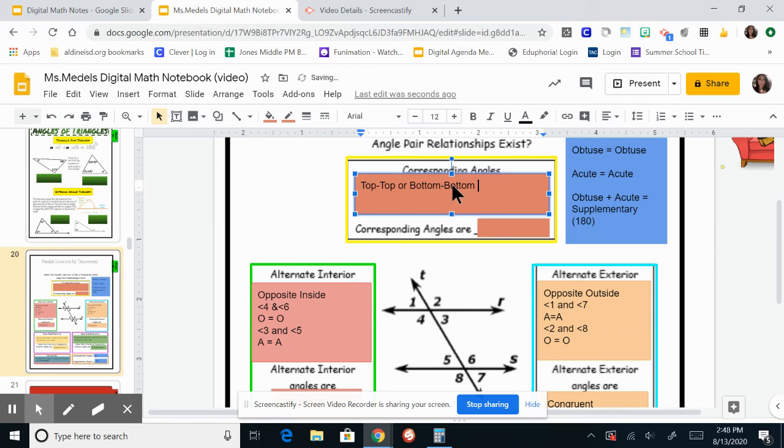What I mean by that is if I take angle 1, the corresponding angle to angle 1, if this is a top, here's my other top. It's going to be angle 5. Then if this is my bottom, angle 4, my other bottom is angle 8.